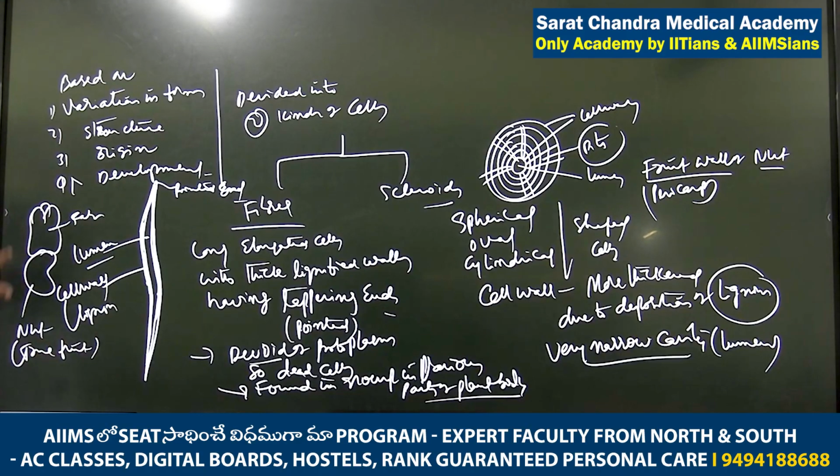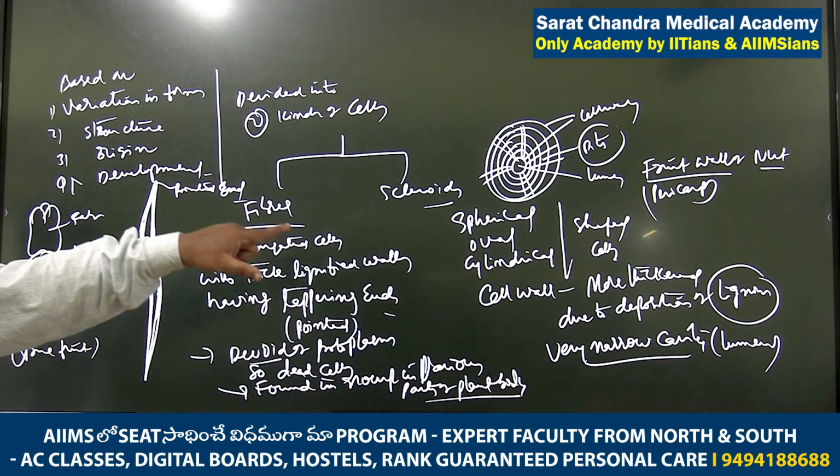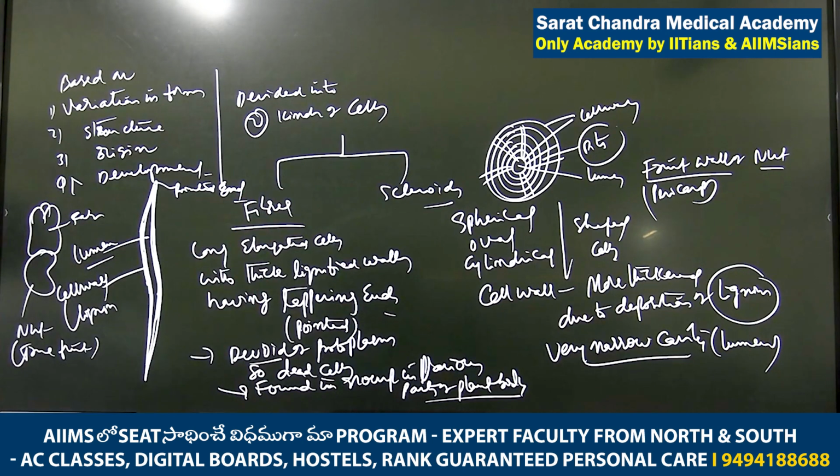In nut, the entire pericarp is hard and stony because it is made up of sclereids, that is, sclerenchyma cells in the form of sclereids.